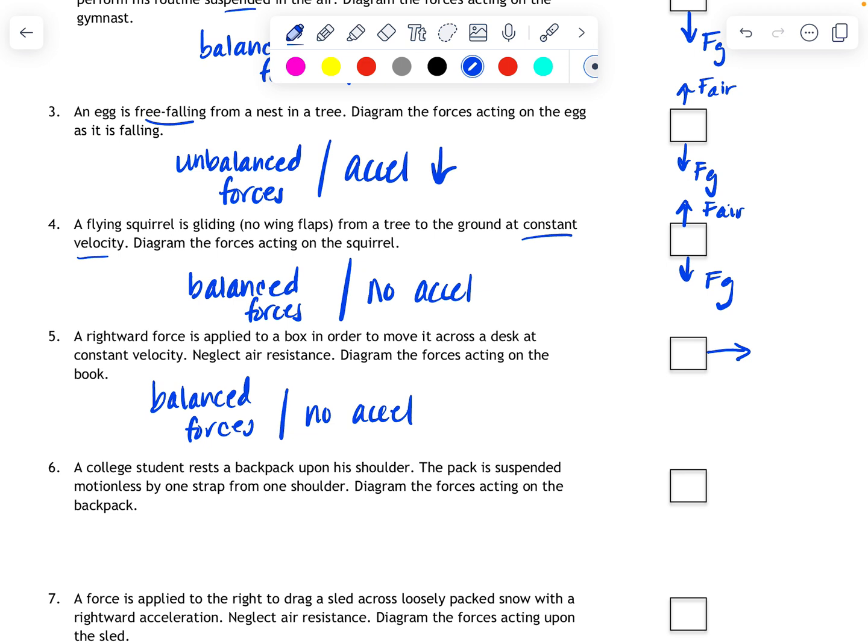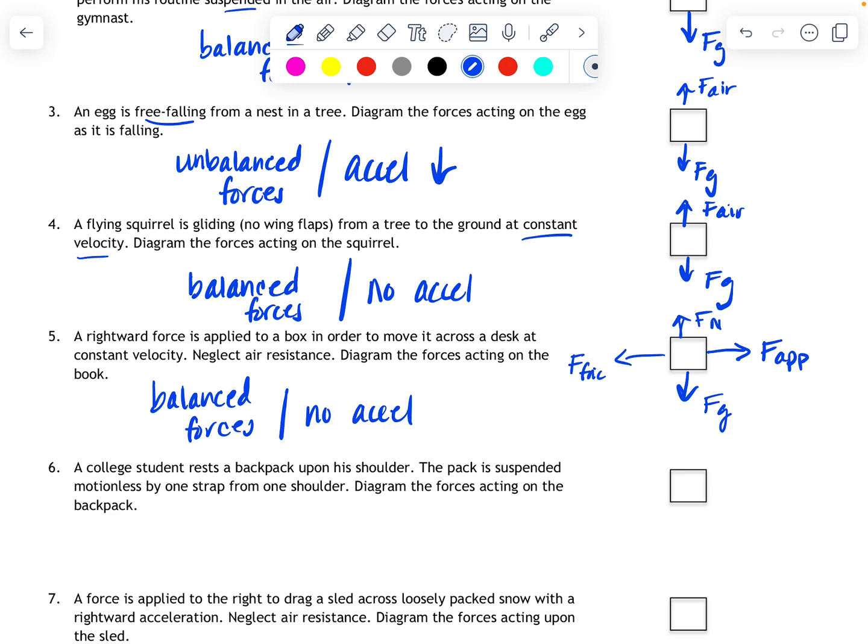Diagram the forces acting on it. So we have an applied force here. That's the applied force. It's moving it across the desk. So we still have friction. But we also still have the force of gravity and our normal force working on it. Okay, but constant velocity, so it's not accelerating there.